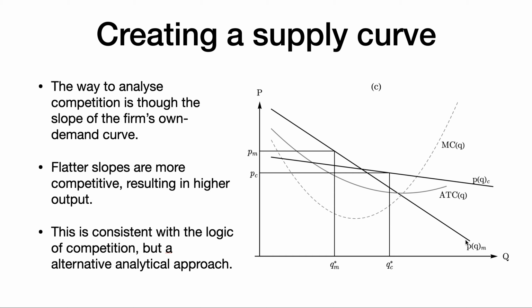Whereas with the PQM, if I raise prices, it's not having such a big effect on my output, on my sales. So you can analyze competition through the slopes of the firm demand curves, and you'll see that in more competitive demand curves the quantity supplied is much higher than in monopolistic ones. And when I say the quantity supplied, I mean the quantity supplied for a given stock of capital. Okay, so monopolistic firms, you could argue alternatively, have a lot more capital per unit of output than competitive firms.